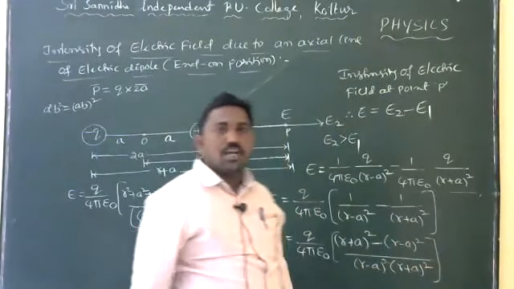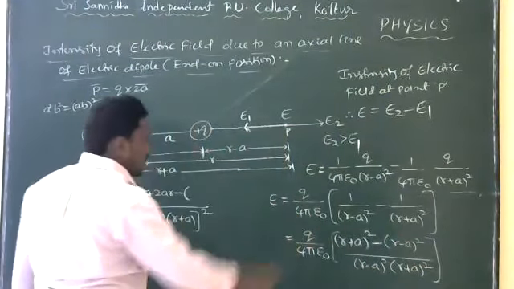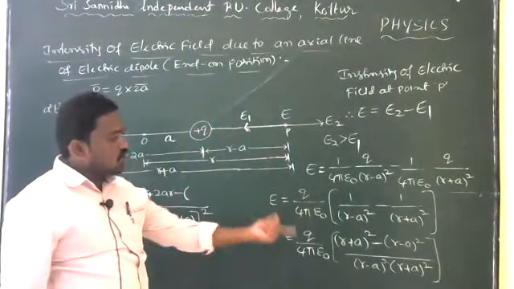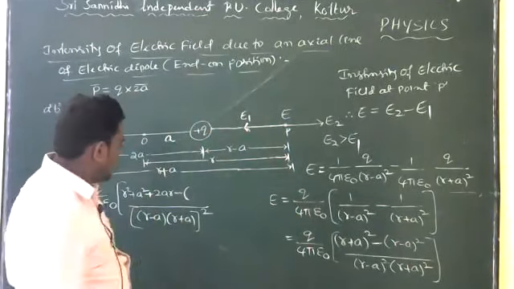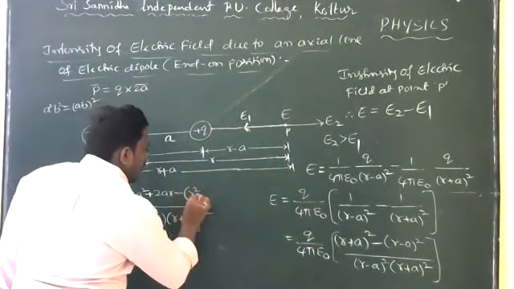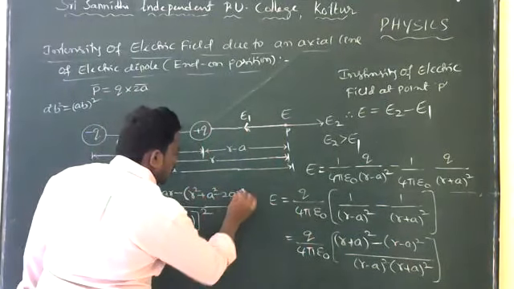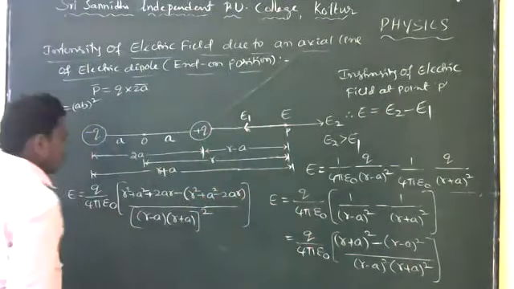By using the A minus B whole square formula, A minus B whole square is equal to A square plus B square minus 2AB. So we substitute R square plus A square minus 2AR.